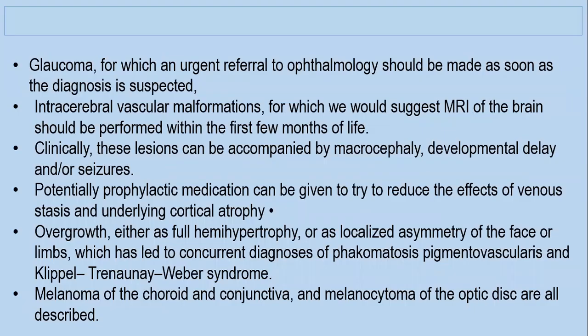Glaucoma, for which an urgent referral to ophthalmology should be made as soon as the diagnosis is suspected. Intracerebral vascular malformation, for which MRI of the brain should be performed within the first few months of life. Clinically, these lesions can be accompanied by macrocephaly, developmental delay, and seizures. Potentially, prophylactic medications are given to reduce the effect of venous stasis and underlying cortical atrophy.